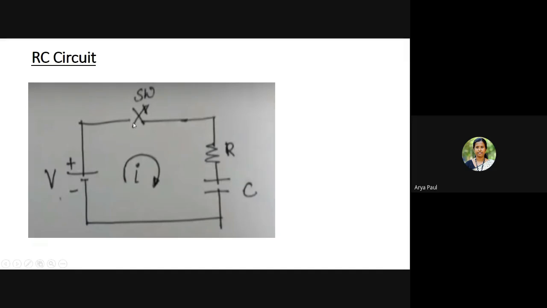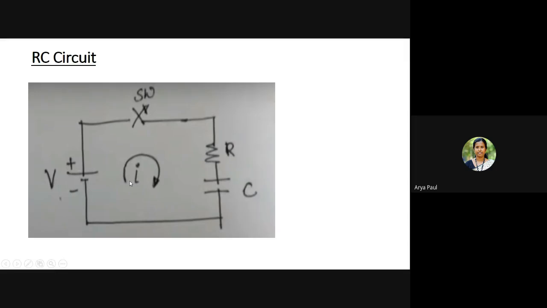Once we close the switch, the capacitor starts charging from this V voltage. As time increases, the voltage across the capacitor will increase, and finally it will reach a steady state value, approaching the V voltage in the steady state condition.